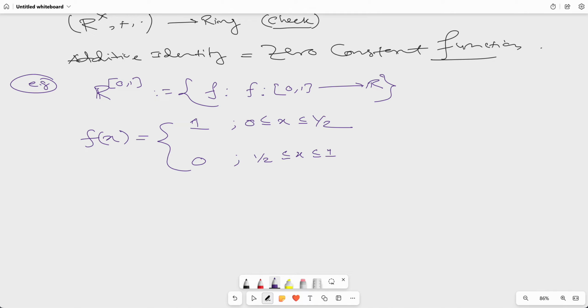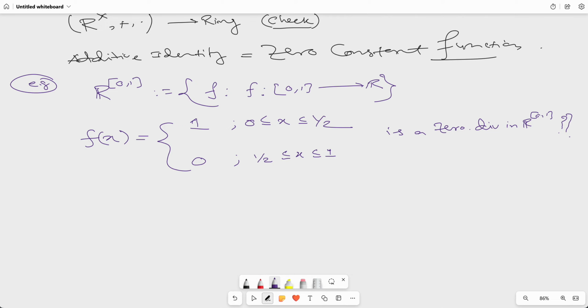So I'm asking this question: is f a zero divisor in R^[0,1]? You have to check. For a zero divisor, clearly this is a non-zero function, so you have to find a non-zero function g such that f · g is 0.